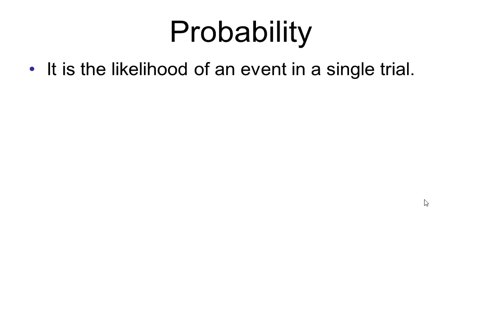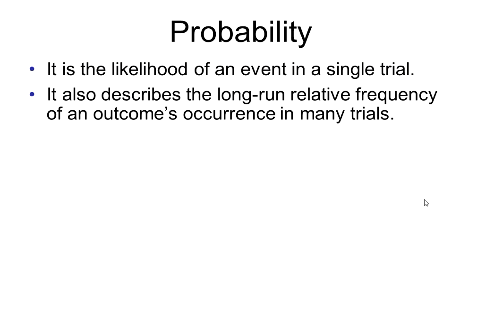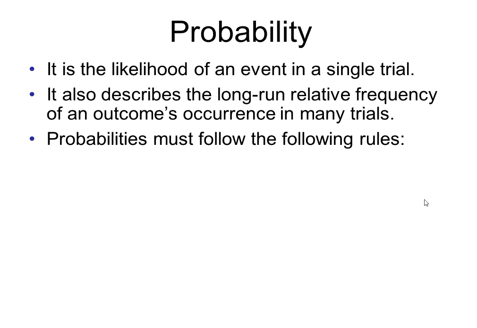If we tossed a coin and it's a fair coin, then the probability of getting a head is 1/2, and the probability of getting a tail is also 1/2. It also describes the long-run relative frequency of an outcome's occurrence in many trials.